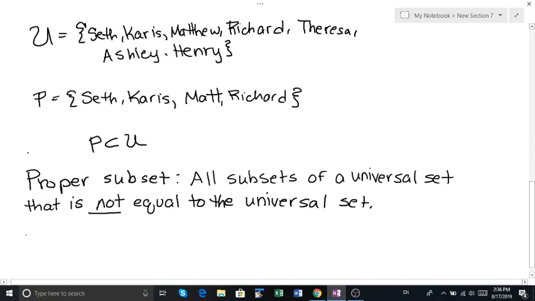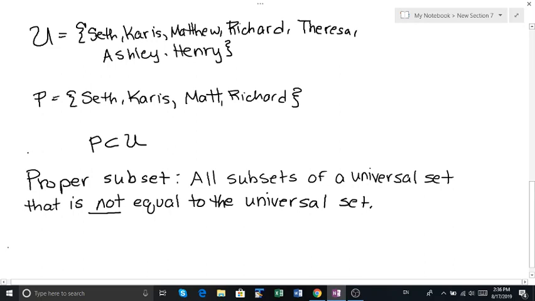Okay. And then you can just have a general subset, which can be all of the subsets not equal to the universal set and also the universal set. And if you're wondering how can it be a subset if it's equal to the universal set, you have to think back to the definition of subset. The definition of a subset is just that all elements in the subset are also in the universal set.